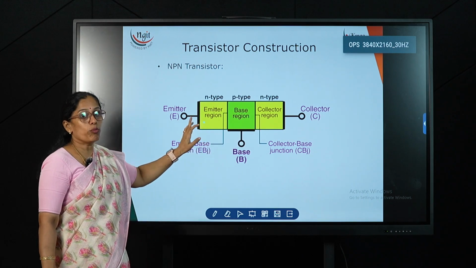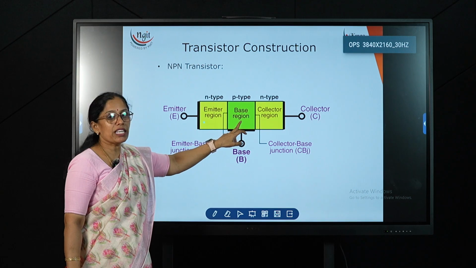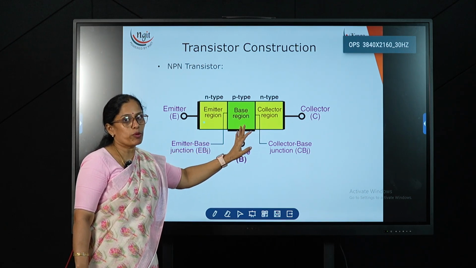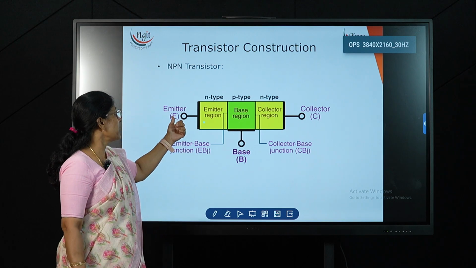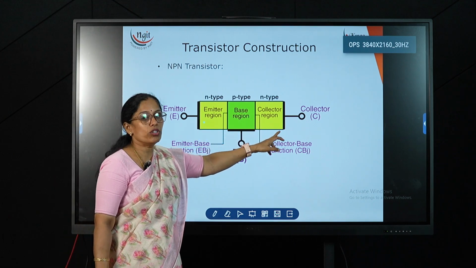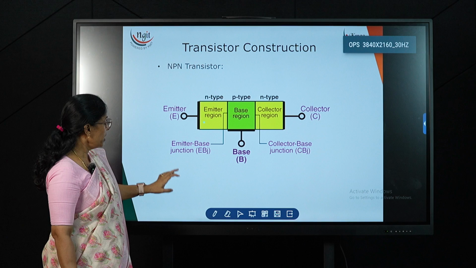Coming to the doping concentration, the emitter is heavily doped, the base is lightly doped, and the collector is moderately doped. As the name says, the emitter should emit the charge carriers and the collector should collect the charge carriers. This is about the construction.